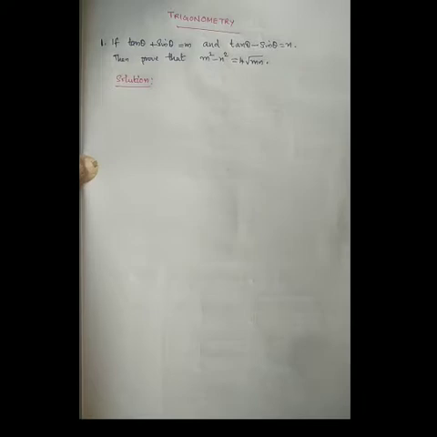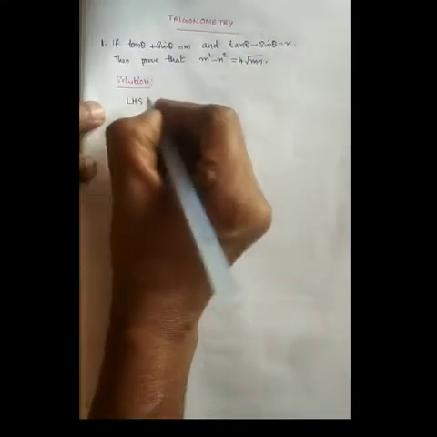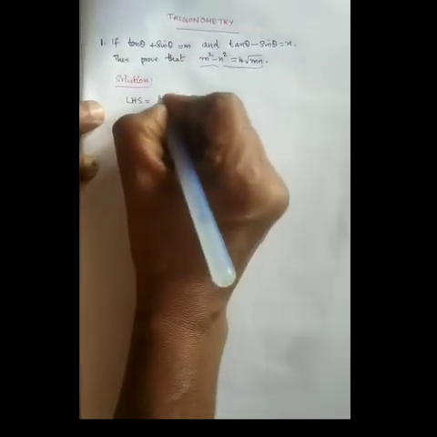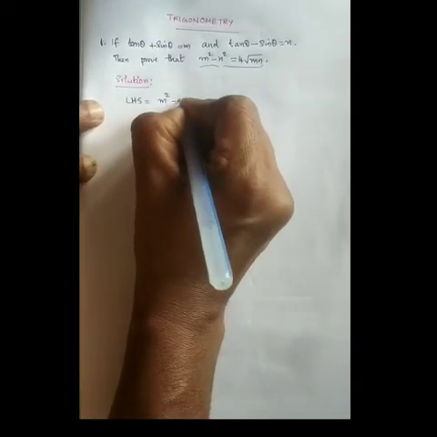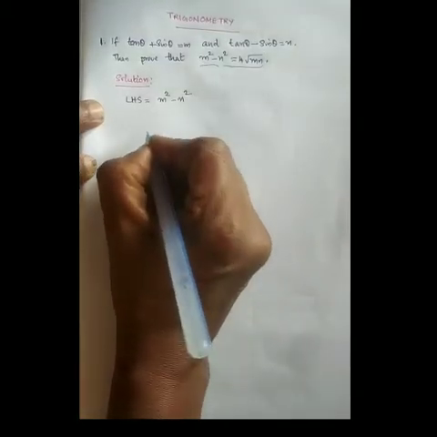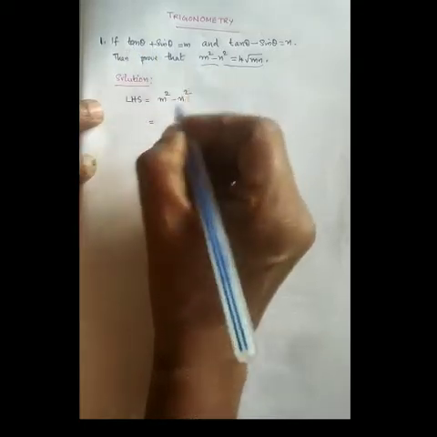In this problem, for getting the solution, first we will solve the left hand side and right hand side. Okay. First take the left hand side. Here the left hand side is m square minus n square. Okay. Also we know that, given, m equal to tan theta plus sin theta.